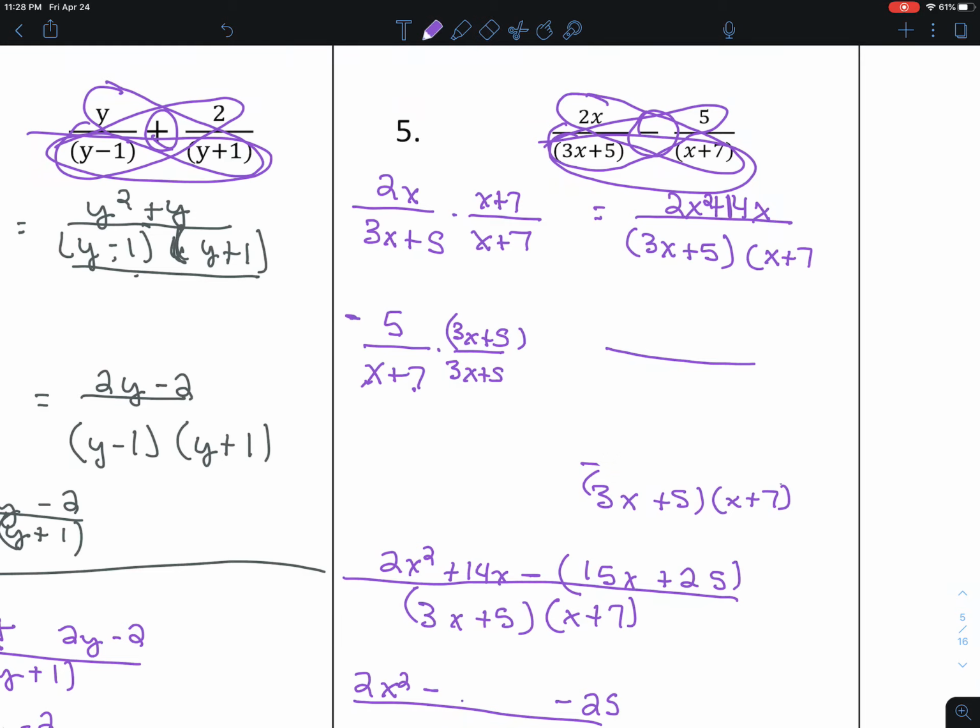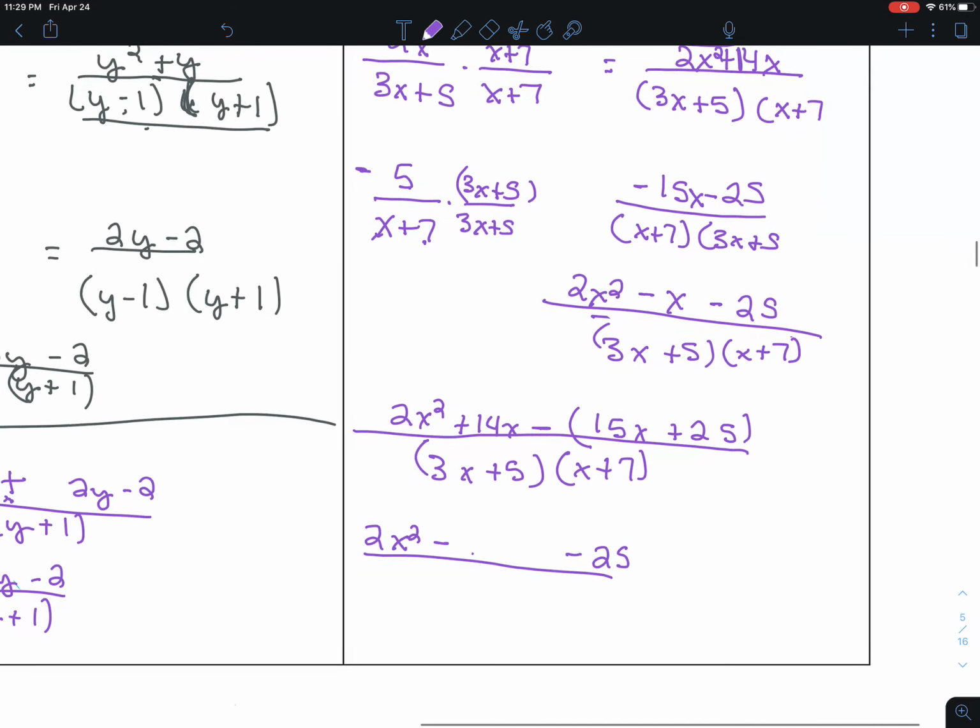Sorry about that, guys. All right, so this one is still x plus 7, 3x plus 5, and negative 15x minus 25. And now that's going to be over 2x squared, 14x and 15x is negative x minus 25.